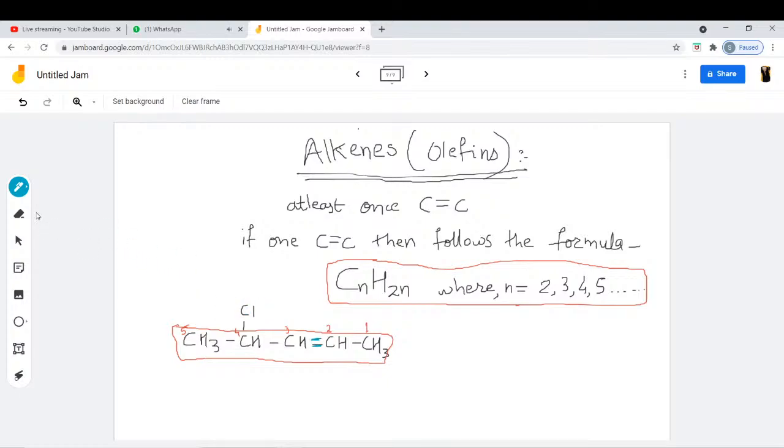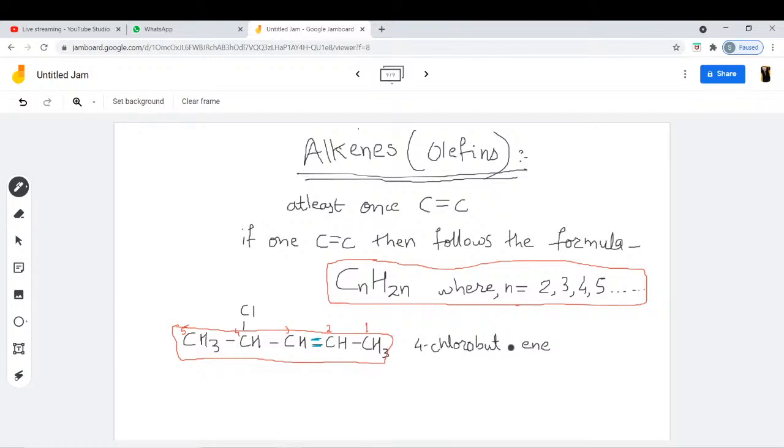On carbon number 4 there is a chlorine, so 4 chloro. Then 1 2 3 4 5, 5 carbon, so pentane, and with the double bond, pentene.